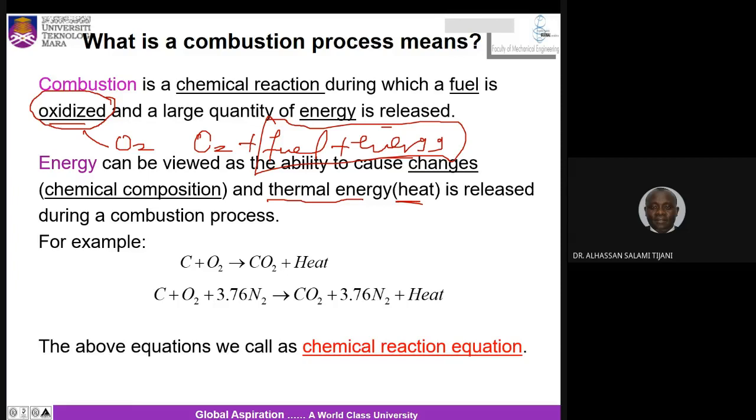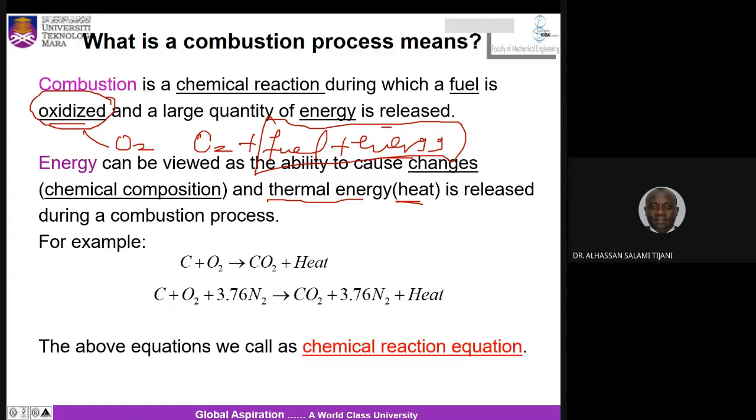Now, a fuel is a particular substance whose chemical composition is largely carbon; carbon constitutes a large percentage of that fuel.